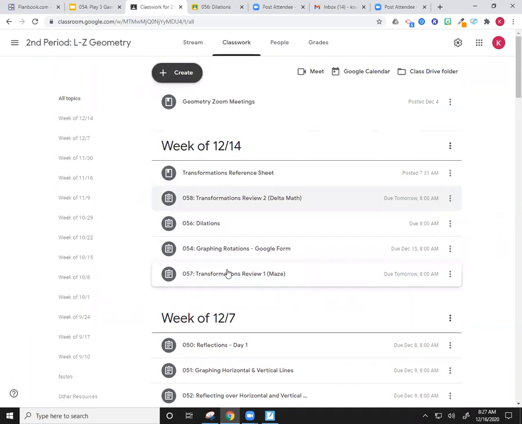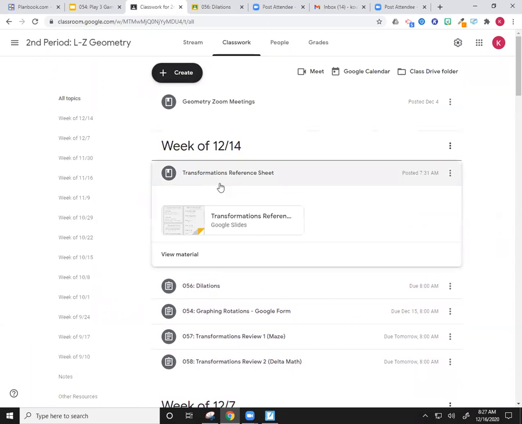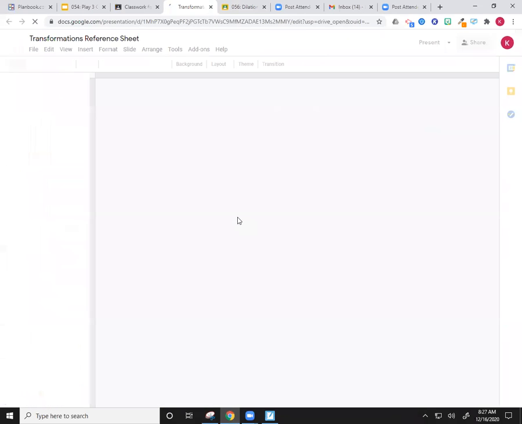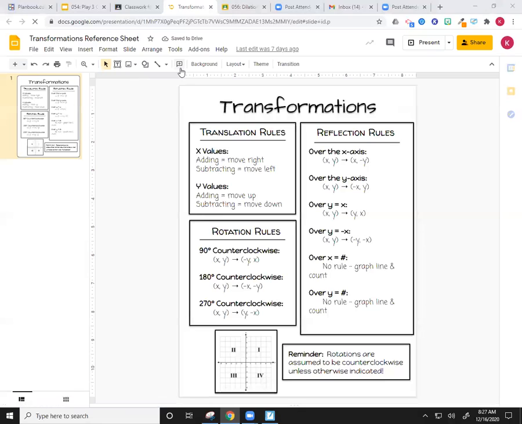Okay, so I put 3 things out there. First, there's a reference sheet. If you open up this reference sheet, it has all of those rules that we've been following. So I put them all in one place. You can use this today, you can use it on the quiz tomorrow.